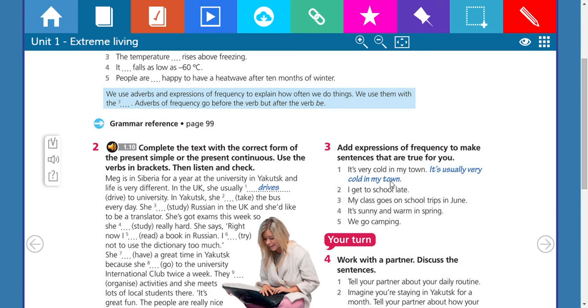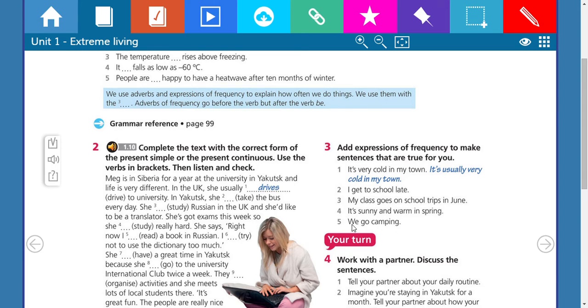Remember, when you use the adverb of frequency, usually in the case of the verb be, it goes after the verb be. If there is no verb be, it goes after the pronoun. It's sunny and warm in spring. Teacher, it's always sunny and warm in spring.